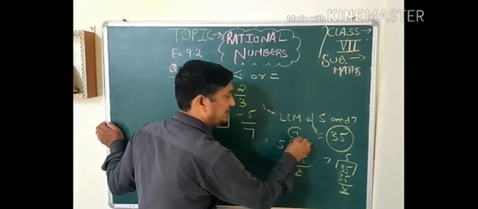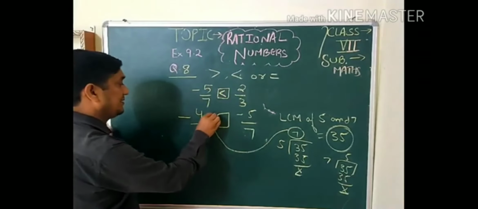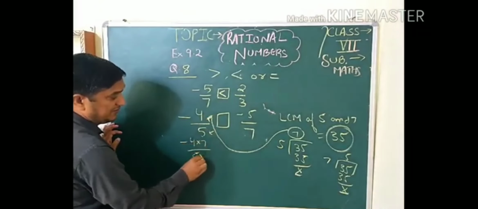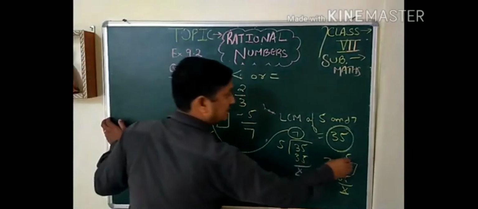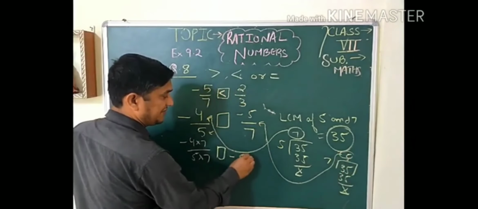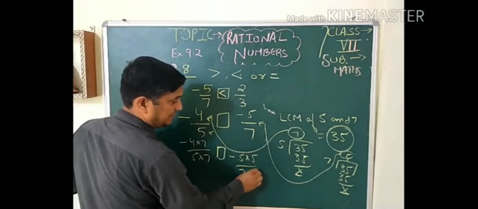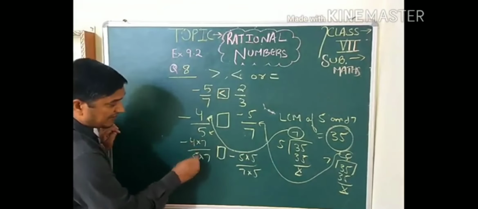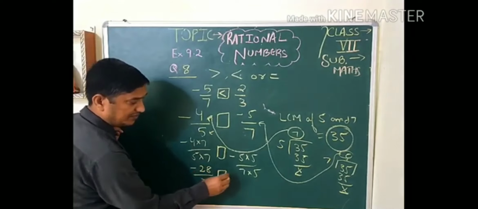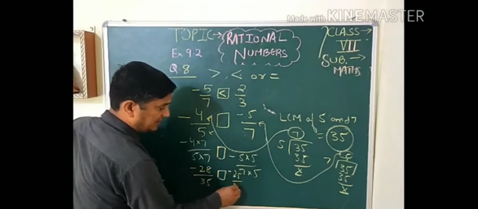Now multiply this quotient by the numerator and denominator: minus 4 into 7 upon 5 into 7, and minus 5 into 5 upon 7 into 5. Now it becomes minus 28 by 35 and minus 25 upon 35.